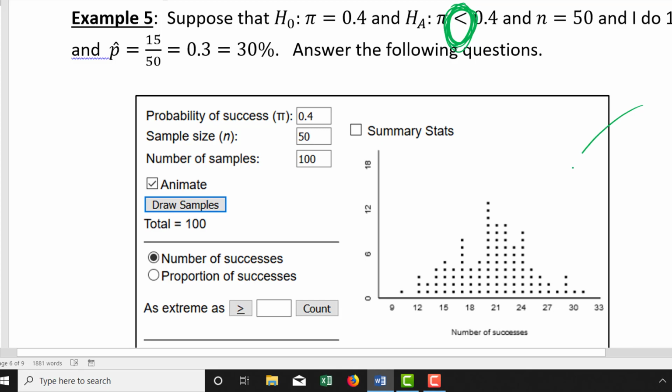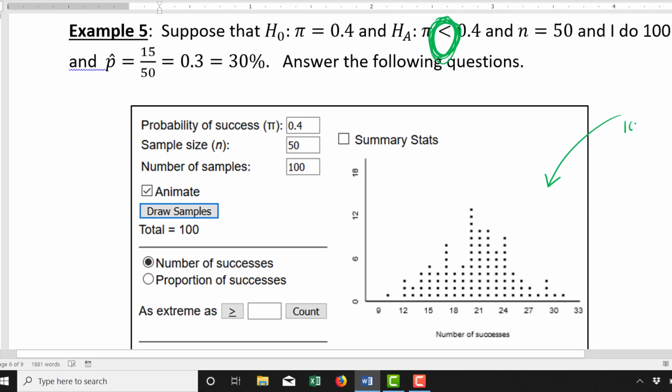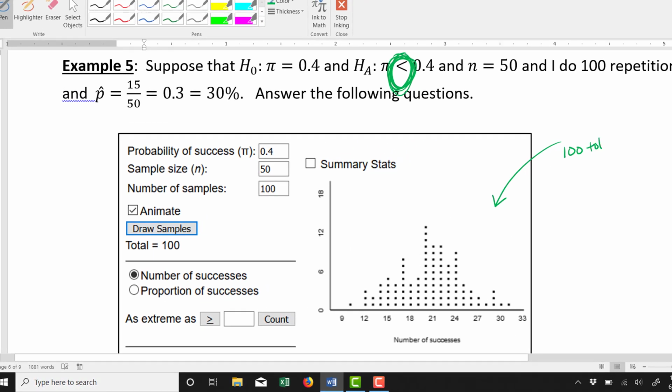So I go to my distribution. Notice there are 100 total dots here. I know that because it told me that it did 100 repetitions in the beginning of the problem. I can also see that there's a total of 100 here in the simulation screenshot. So I first locate my observed sample statistic, which was 15 out of 50.